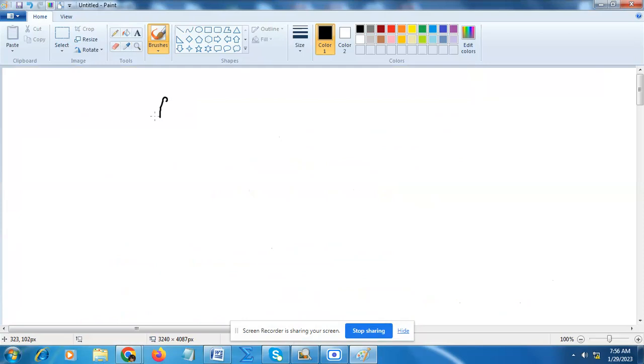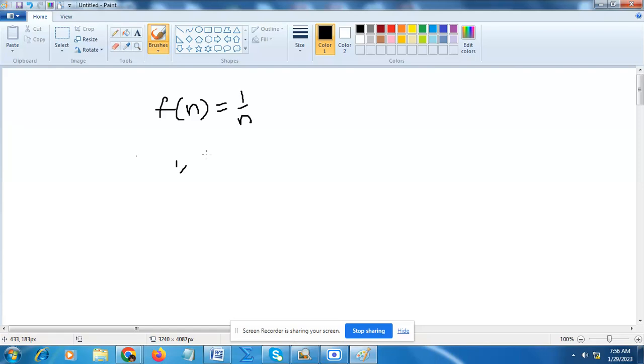when you consider f of n as 1 by n. This is a function, and now we take the natural numbers in the domain. Natural numbers start from 1, 2, 3, and so on.